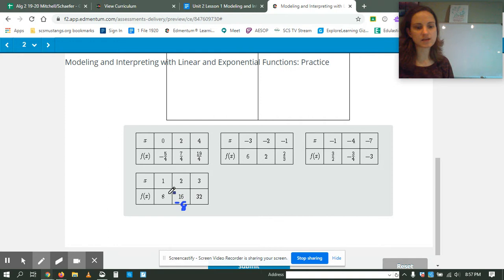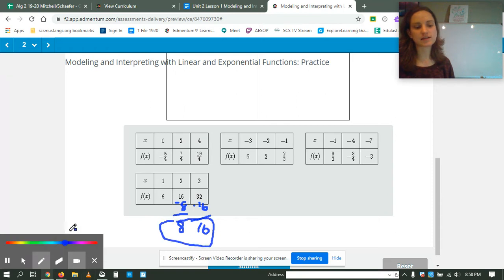We take that second number and subtract the first one from it, and that gives us a difference of 8. Then I'm going to do the same thing: 32 minus 16. I grab my calculator and check that out. 32 minus 16 gives me 16. So this is not a linear function, because if it was, these two numbers would be exactly the same.